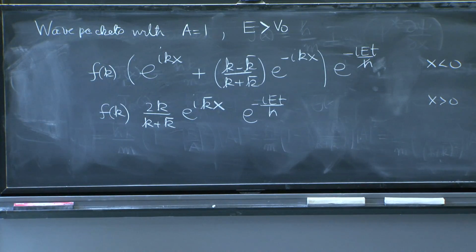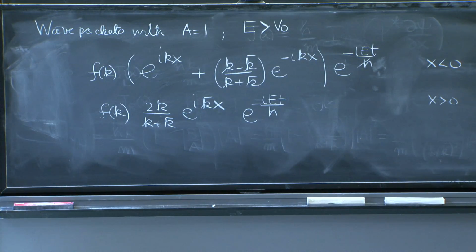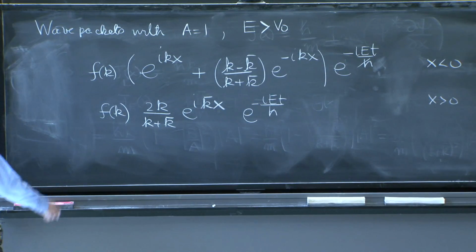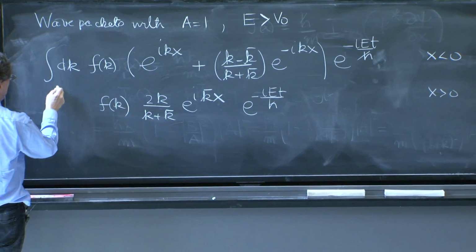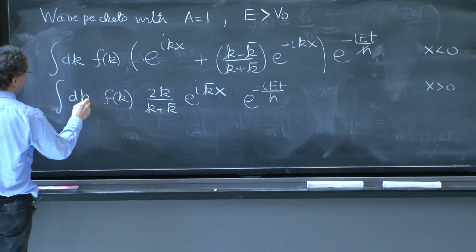Still a solution. k is fixed, so this is just a number. Now, superposition. That will still be a solution if I do the same superposition in the two formulas. Integral dk and integral dk.